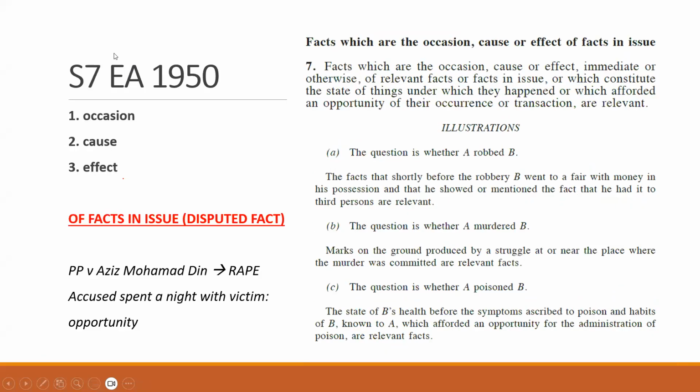And Section 7 talks about the occasion, cause, or effect of facts in issue. Take, for example, the murder case. What are the facts in issue? The actus reus and mens rea. So what is relevant here under Section 7?